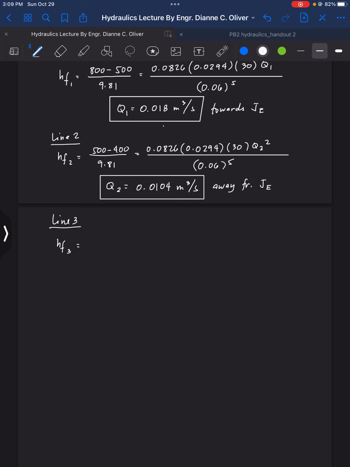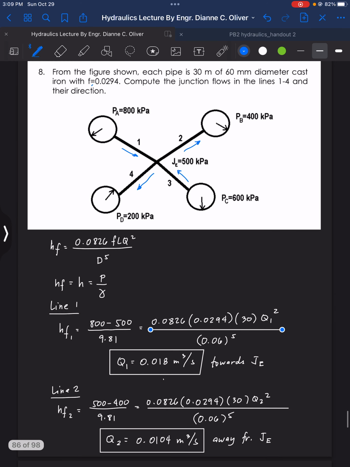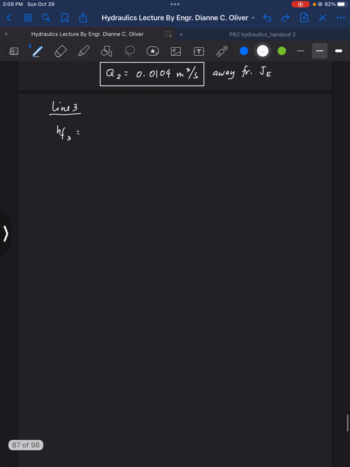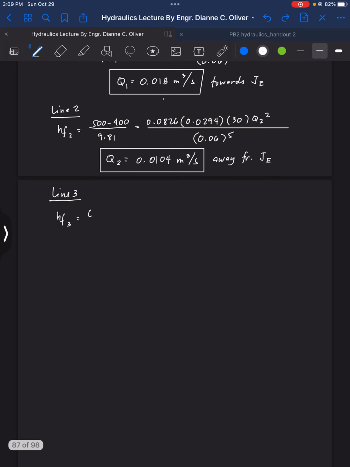HF3 is equal to, so line 3 is 600 and 500. So that is 600 minus 500 divided by 9.81 equals 0.0826, 0.0294, 30 Q3 squared all over 0.06 raised to 5.